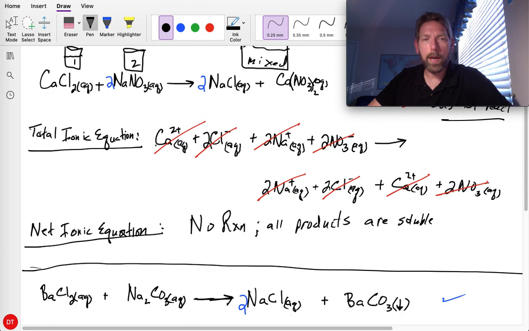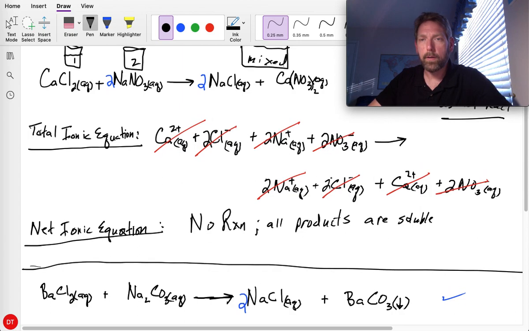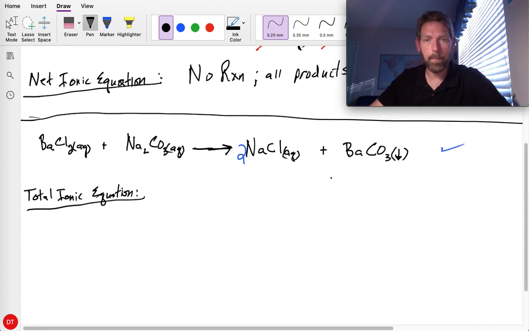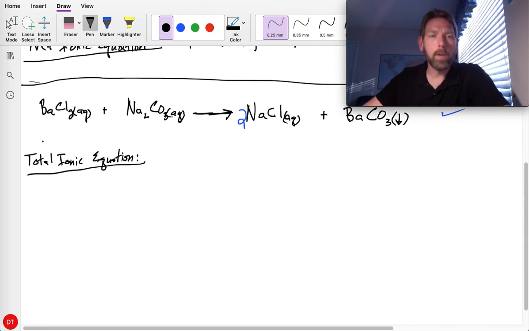All right, so total ionic equation. Remember, you write out everything that you have on both sides in all the forms that you have, right? So what we've got is this. We've got Ba2+. And remember, this was a solution. There was solution 1, there was solution 2.